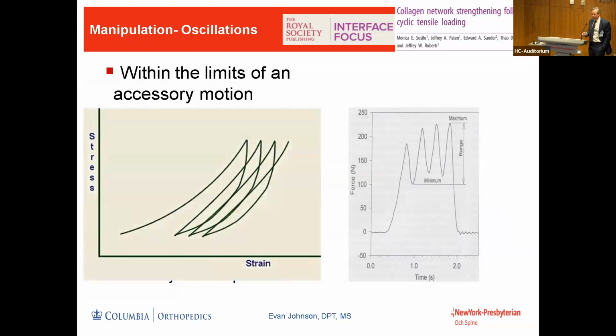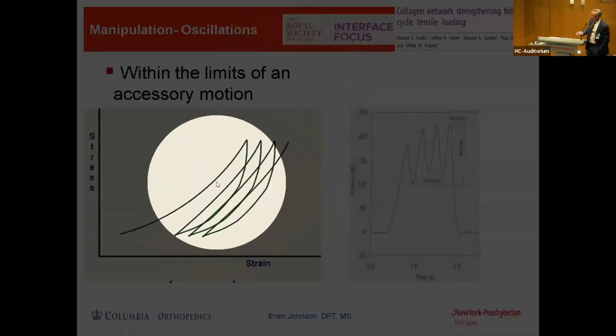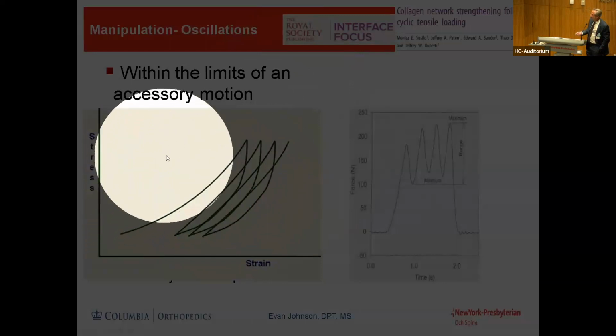So what happens when you do this, right? Have you thought about that? What's the point of cyclic mobilization or cyclic manipulation? Well, if you look at stress, which is the amount of force we're imparting into the system, on the y-axis, and strain on the x-axis, notice how as you're working here, there's a constant amount of stress at the top.